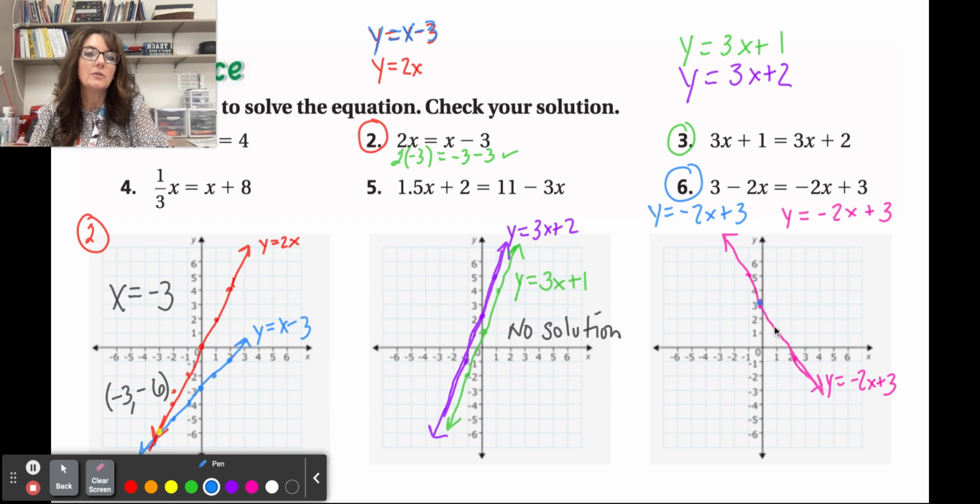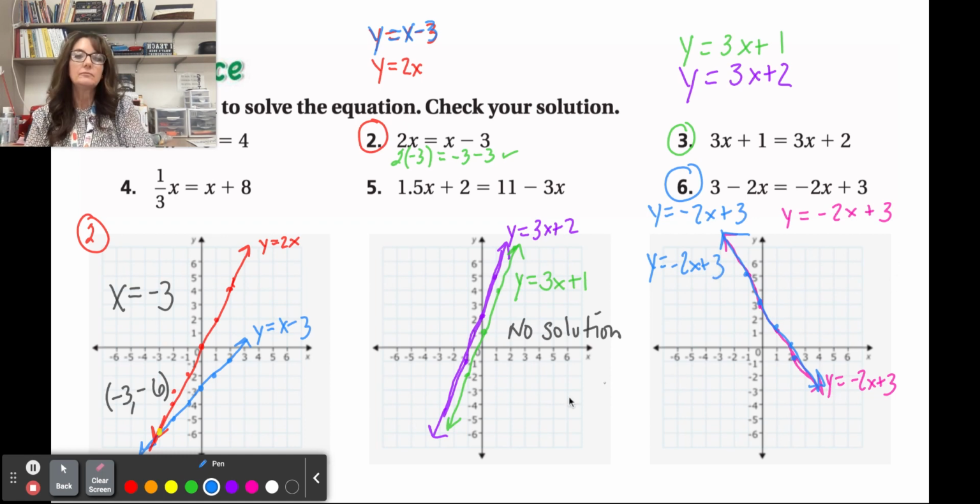And then 1, 2 over 1, 1, 2, 1. Oh, this is terrible. My graphing skills while working on this little tablet are horrendous. I apologize for that.